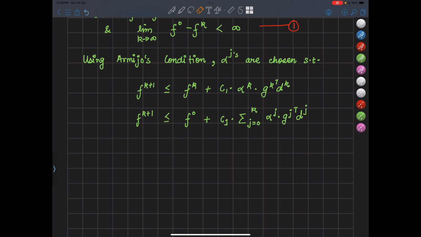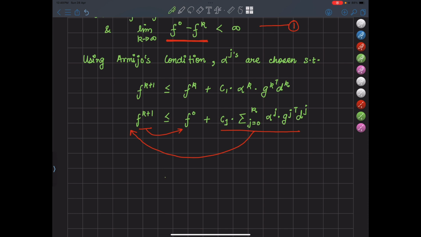Okay, now that we have this expression from equation 1, we know what we need to do. We just have to send this on this side and this expression on this side. So let's do that.